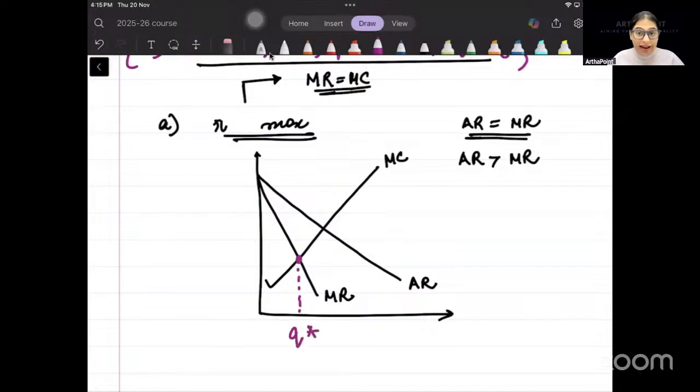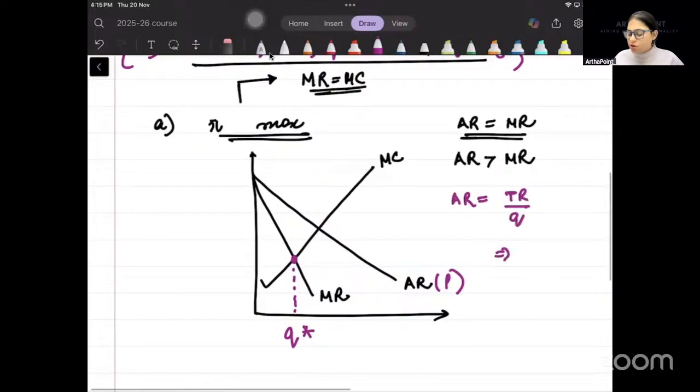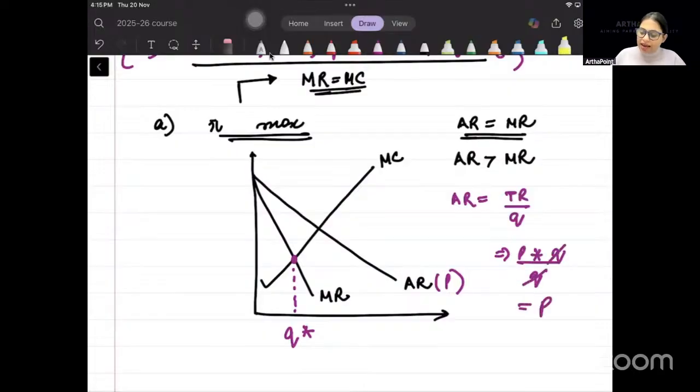And what is the price? AR is called the price curve because what is AR? Average revenue is total revenue divided by quantity. Total revenue is price into quantity, divided by quantity. So this will be nothing but price. So my average revenue is the price, right? When I take this quantity up to average revenue, I will get the price.